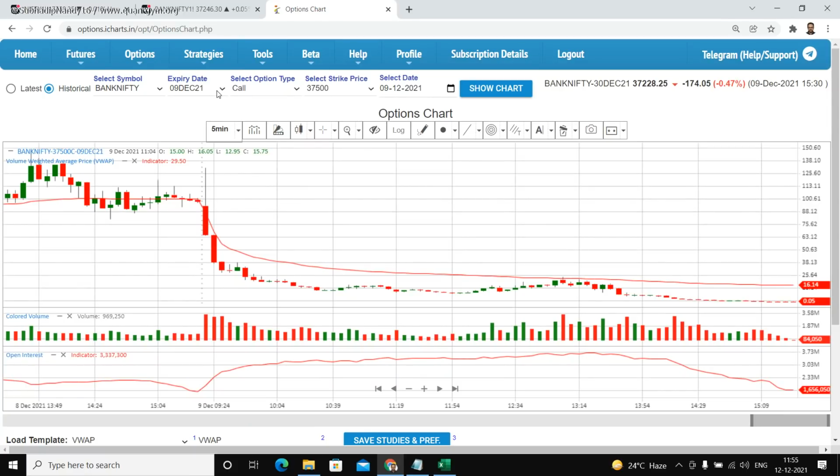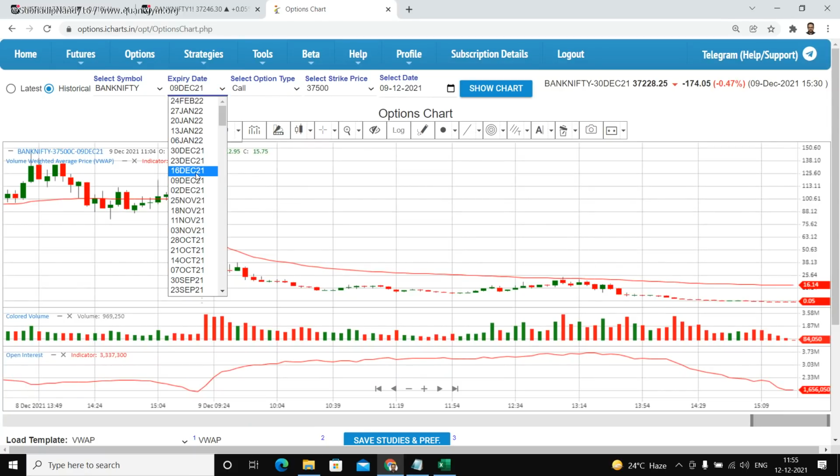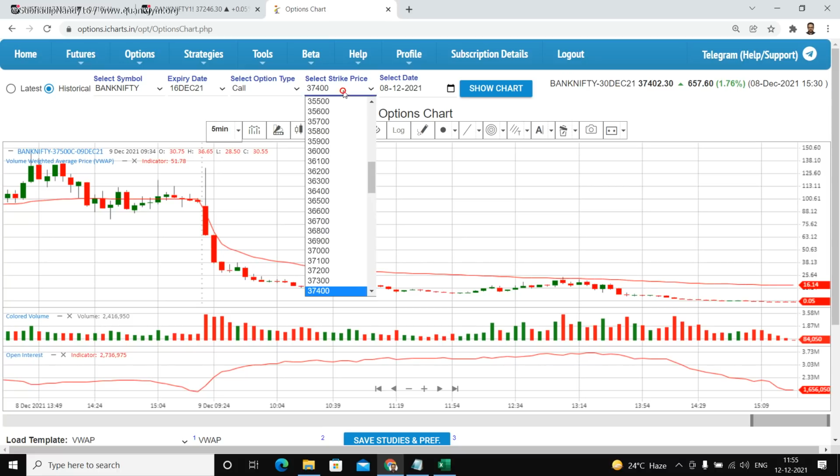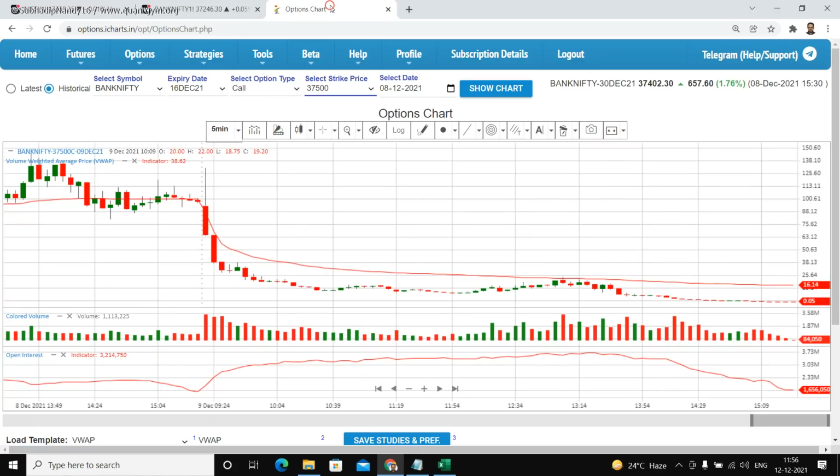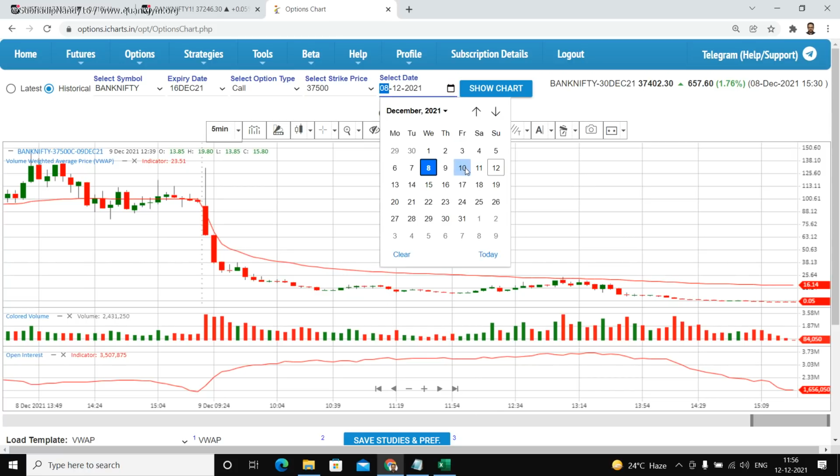On the options chart, it will be the next expiry of 16th December, 37,500 call, right? And we are selling this at somewhere around 10:50. Let's see. 9 December 10:50. 10:50 is here. No, I'm doing something wrong.